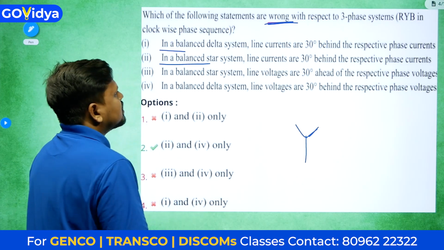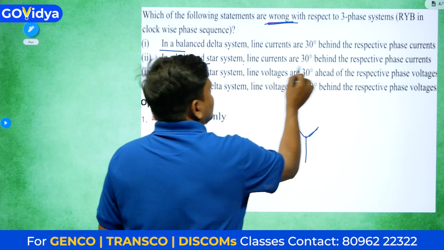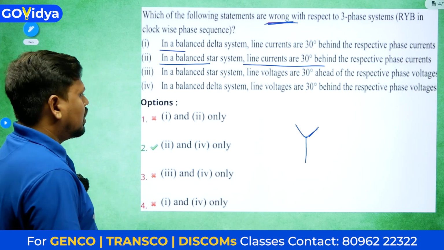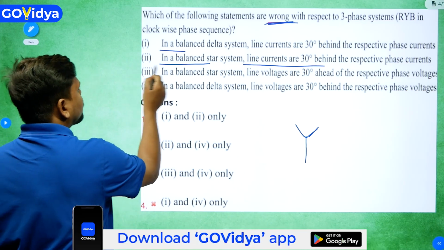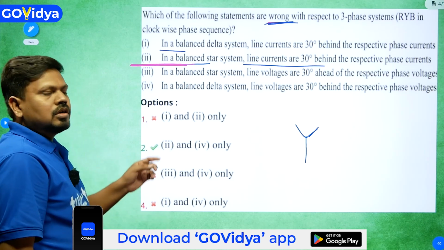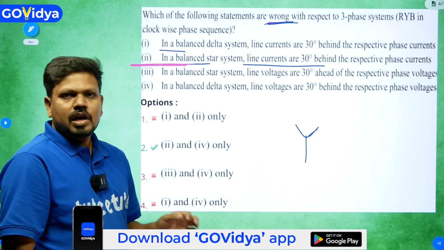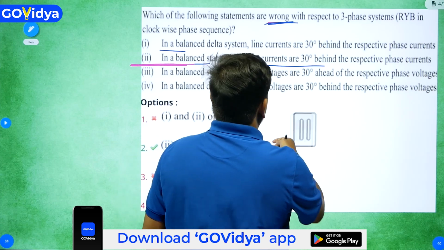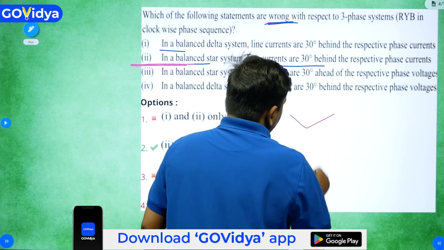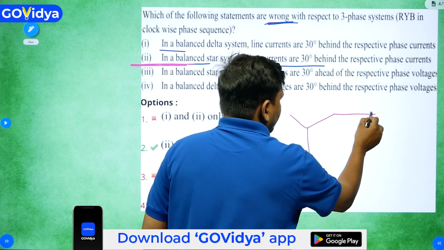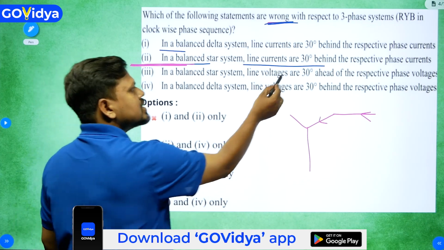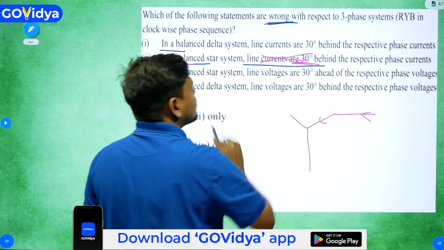In a balanced star system, line currents are 30 degrees behind respective phase currents. By seeing this statement, this is perfectly wrong, because in a star connection, line currents and phase currents are both the same only. So what is this 30 degrees behind? This statement is wrong.